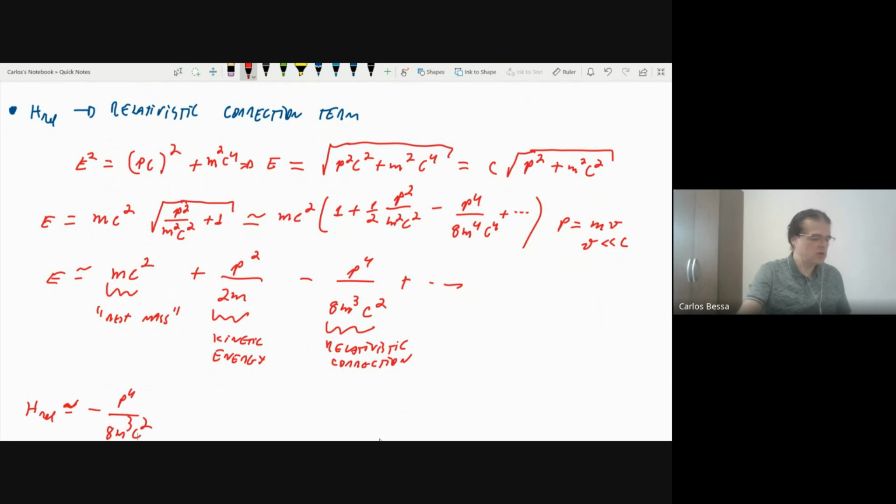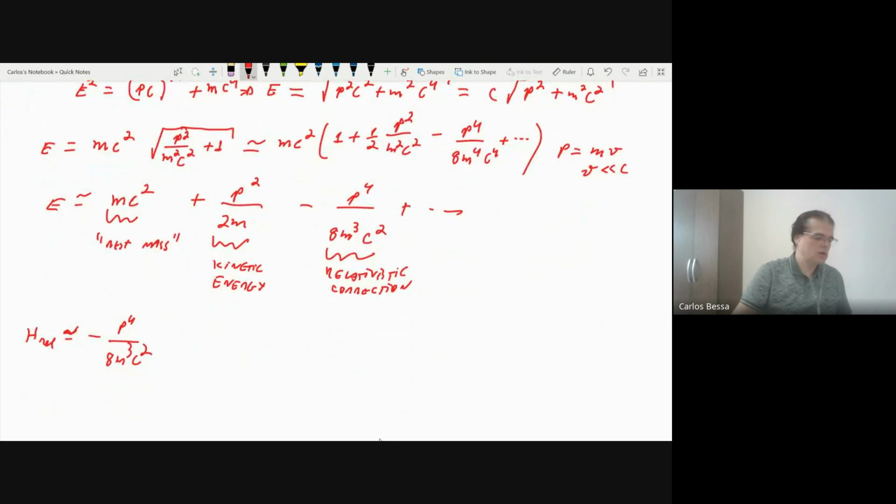But this in general is very small. You can see the order of magnitude of H relativistic with the H kinetic. The relation of these two terms, for instance, you see p to the 4th over 8 m cubed c squared over p squared over 2m.